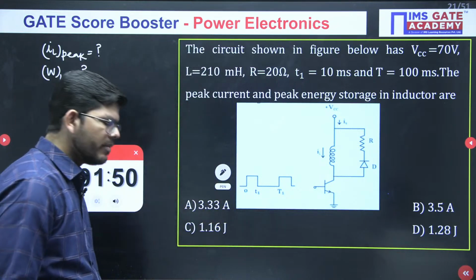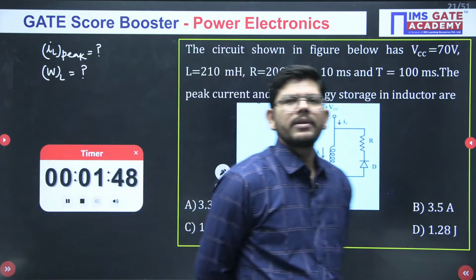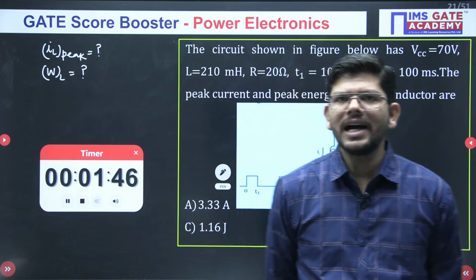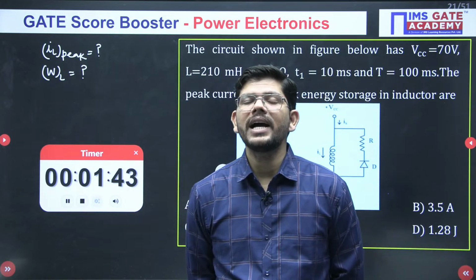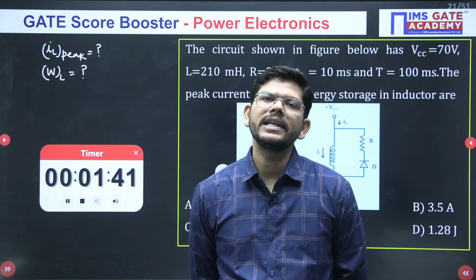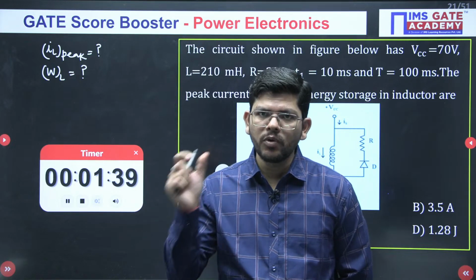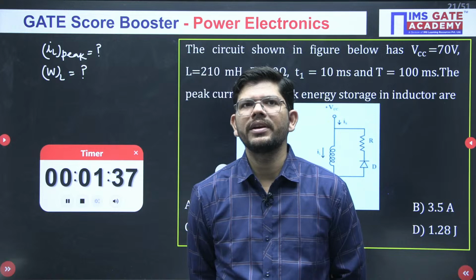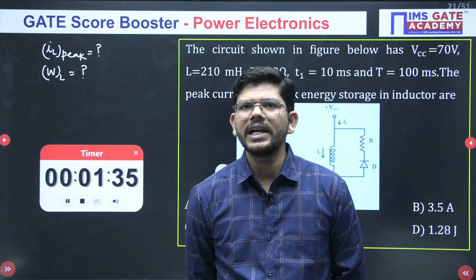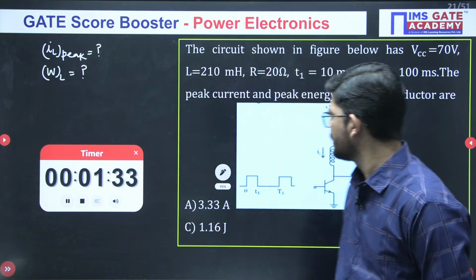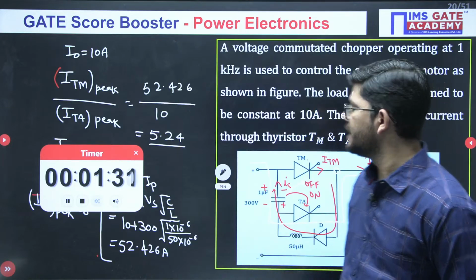Its peak will be IC peak. No, Nilmesh. TA will be carrying IC current, but IC current will now become what? IC current is forced to become I naught right now, isn't it? See here.